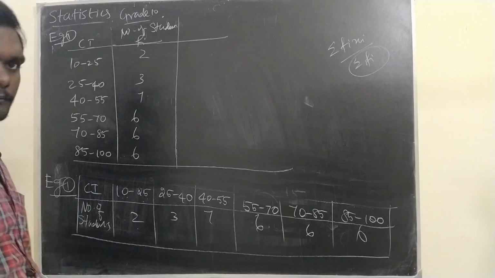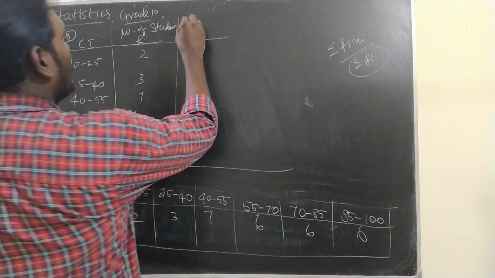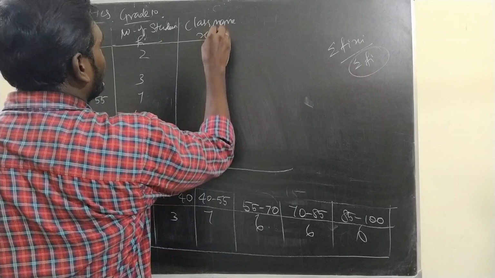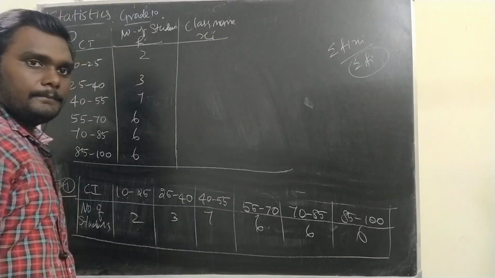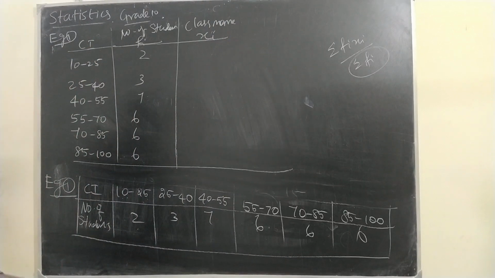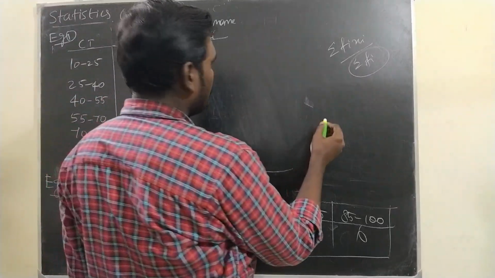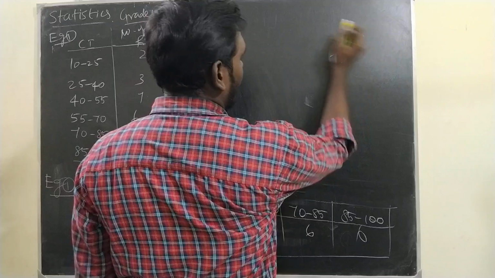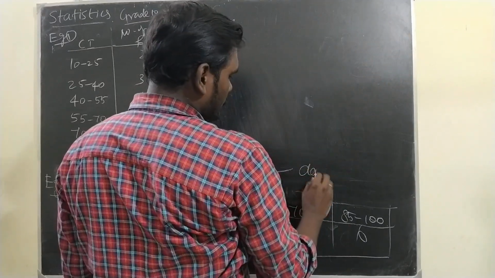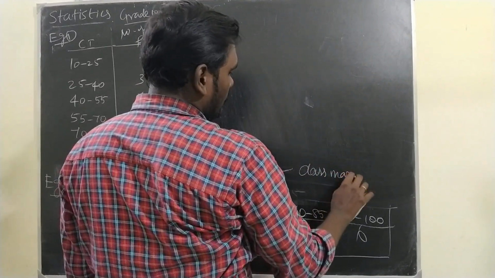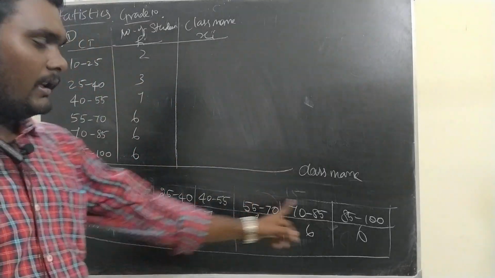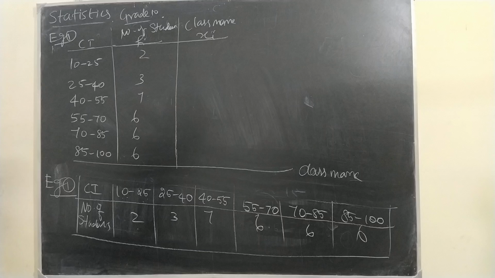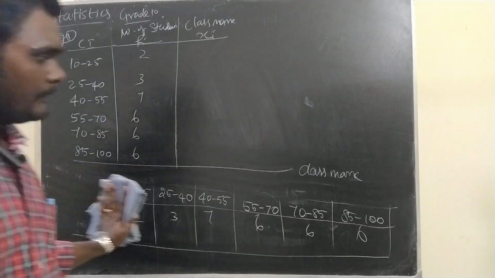Okay. Now here we have to find the class mark. That class mark is xi. How do we calculate the class mark? Any formula for that? See, this is one thing given. I wrote it in the vertical form. In the question, they will give it in this form only. Okay.